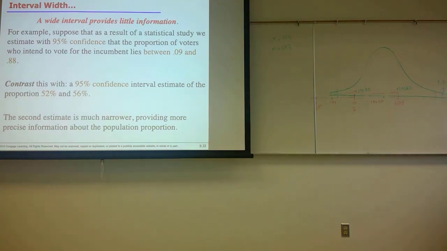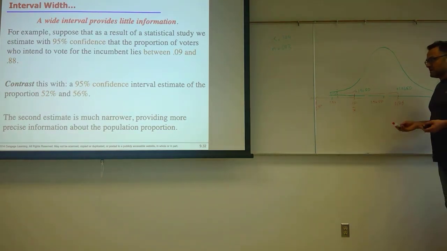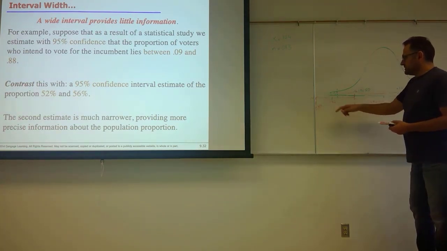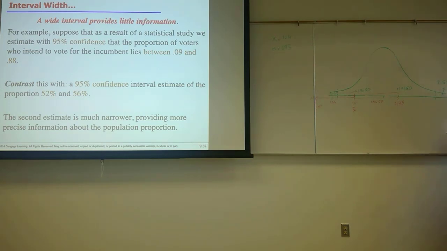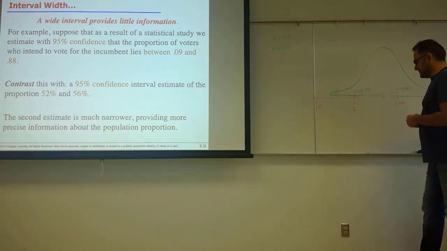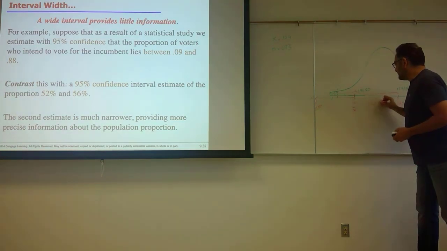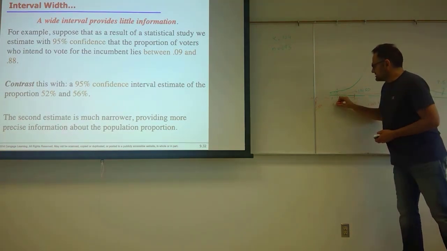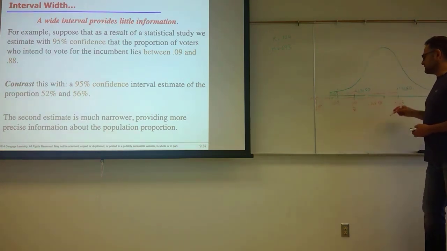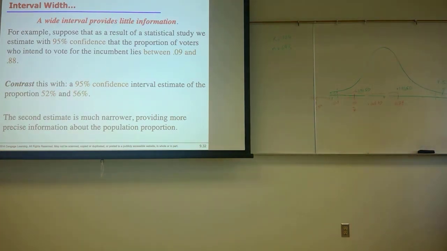So if you are okay with the chance of being wrong with a 10% probability, obviously you don't need 1.96 standard deviations to the left and to the right. What you would need would be simply 1.645 standard deviations to the left and to the right for a 90% confidence interval, right? And that gives you a narrower width of your estimate.